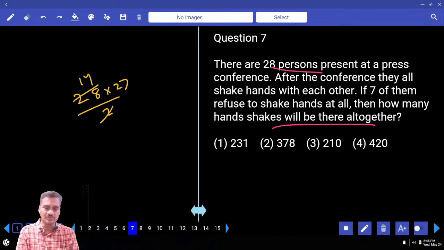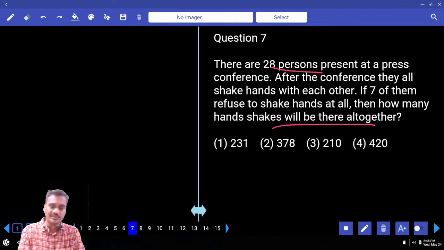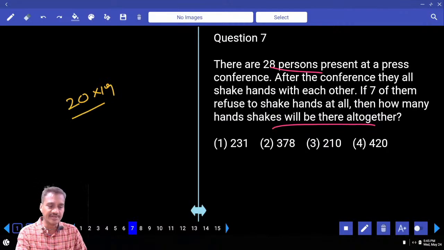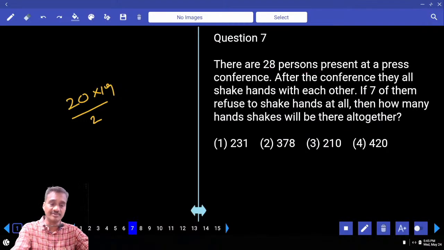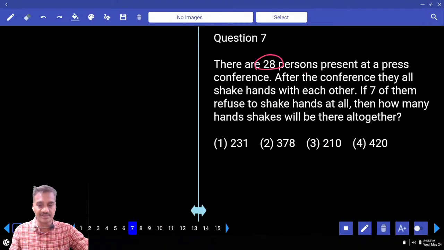Now 7 of them refuse to shake hands. That means how many of them shake hands? 20 persons. Then 20 persons were there. Then 20 into 19 is how much? 380. And 380 divided by. Now total how many persons are there? 28 persons were there, and out of which 7 of them refuse.